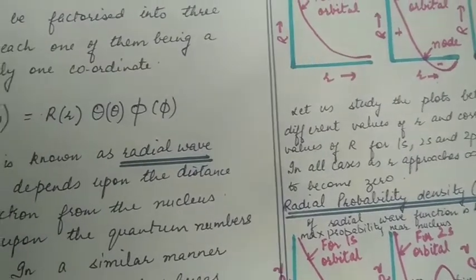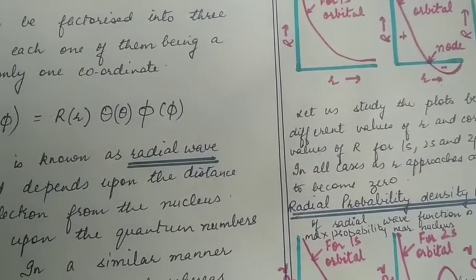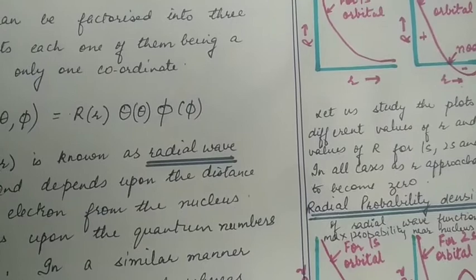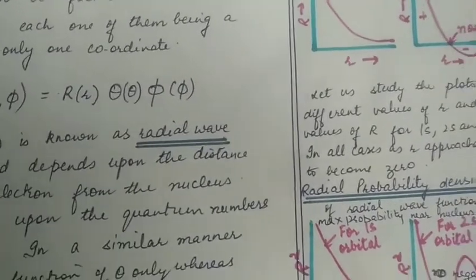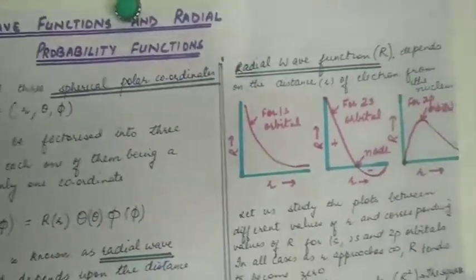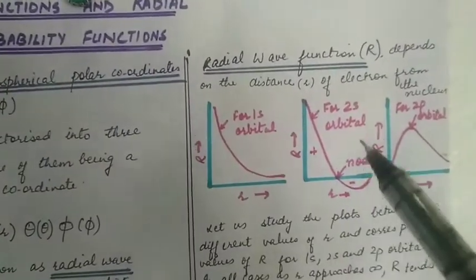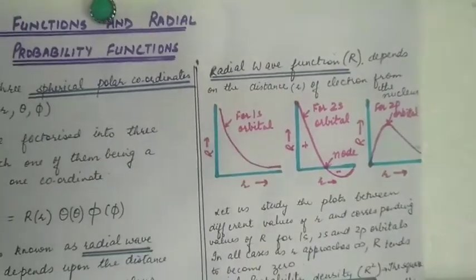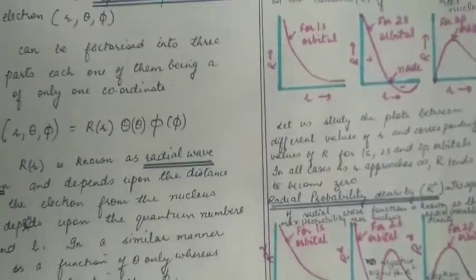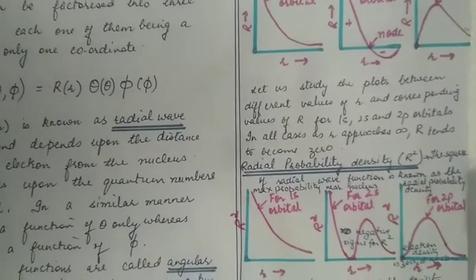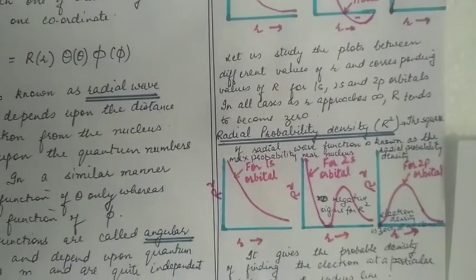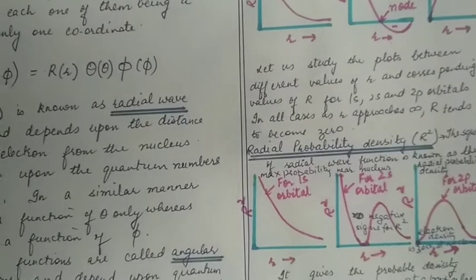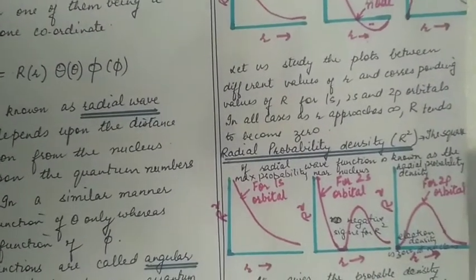These plots simply give information as to how the radial wave function changes with distance r from the nucleus and any node if present. So you see that for 1s orbital, no node; for 2s orbital, one node; for 2p orbital, no node.